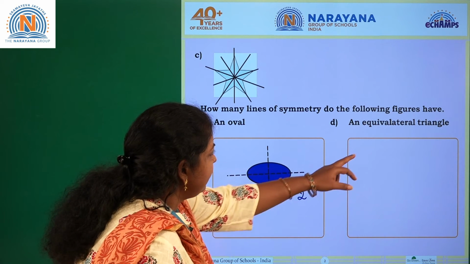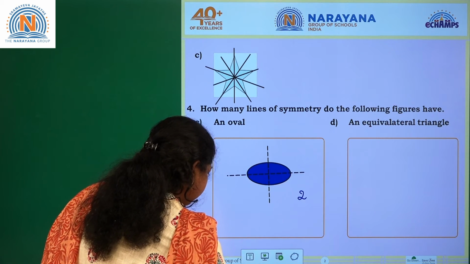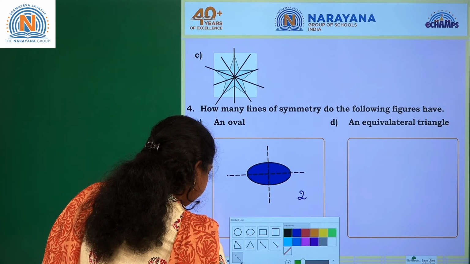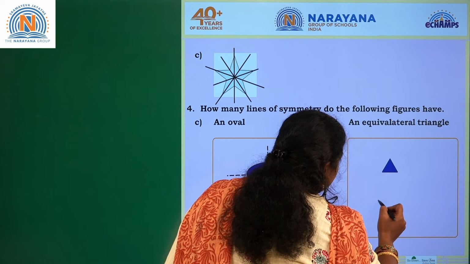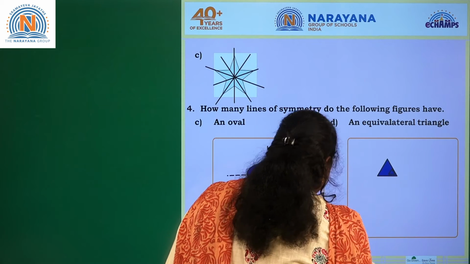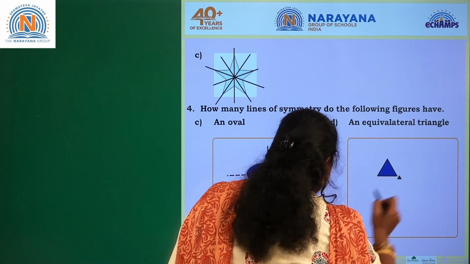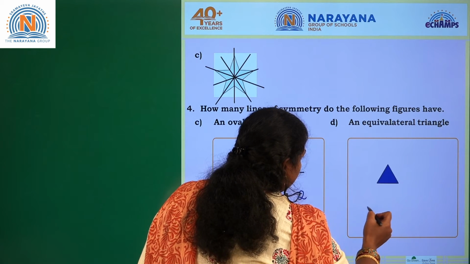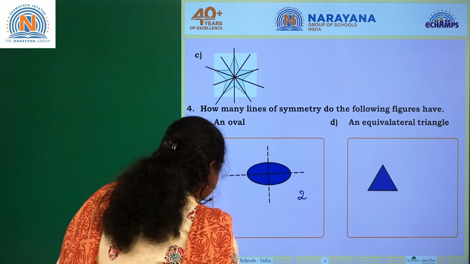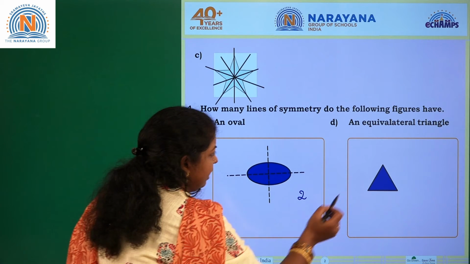Next one. An equilateral triangle. Let us consider one triangle. Equilateral means all the sides should be the same. Now, let us see how many lines I can draw for this equilateral triangle.